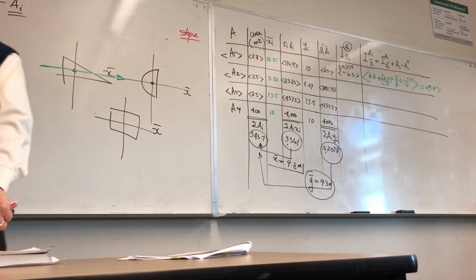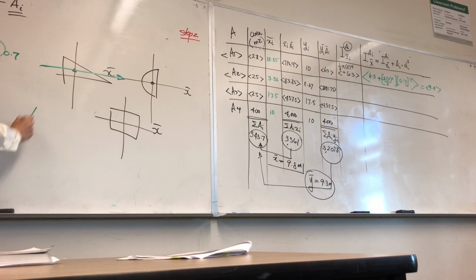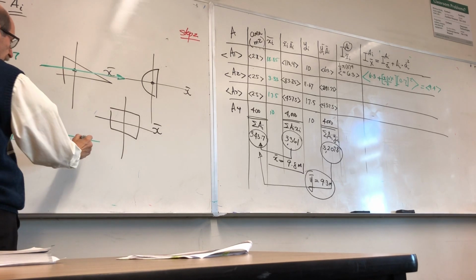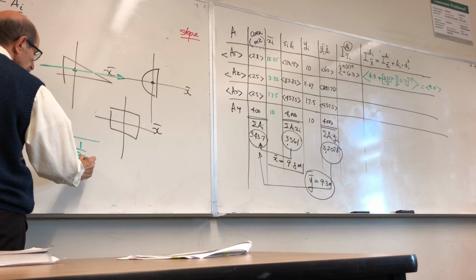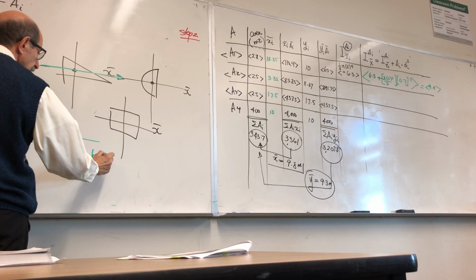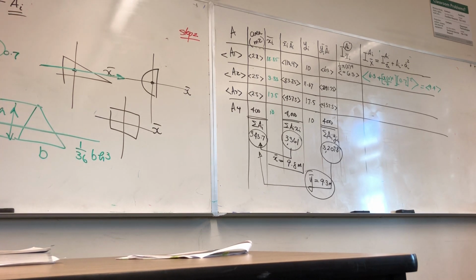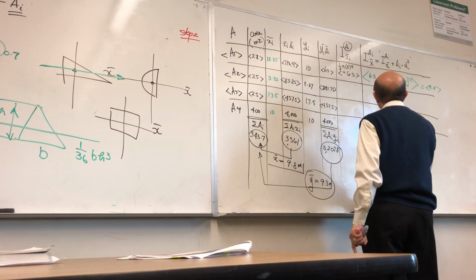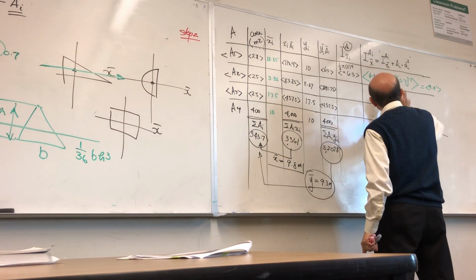You go to that table, you will see that for a triangle of base B and height h, moment of inertia about this centroidal axis is 1/36 BH cubed. It's not a pi. Yes, this is a pi, right.